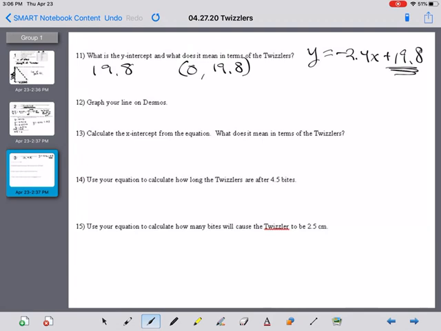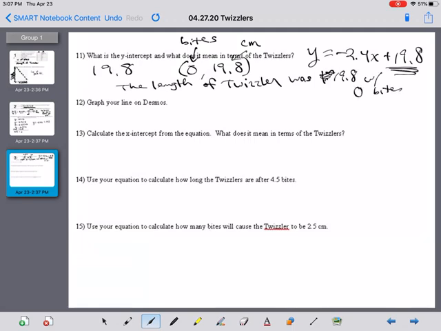It's when x equals 0, that's the value. And now think, what does it mean? The x is bytes, right? The x coordinate was bytes, that's the independent variable, and the dependent was centimeters. So the length of the Twizzler was 19.8 with 0 bytes, or that was the starting length.